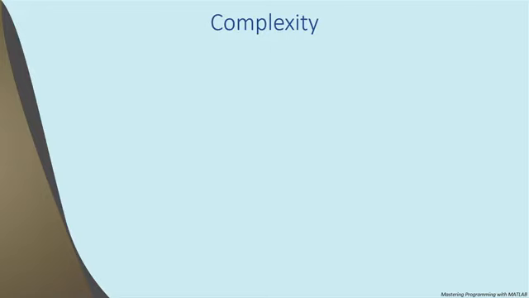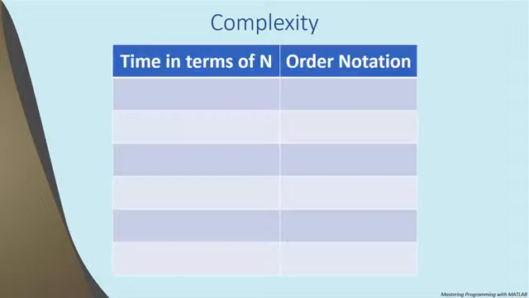Well, now that we've analyzed a couple of example algorithms, we can get more precise. Computer scientists use a special notation to describe algorithmic complexity, which we'll abbreviate simply as complexity, and it's called order notation. And we're going to show you examples of this notation in this table as we go through this lecture.